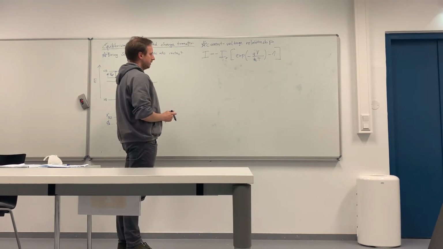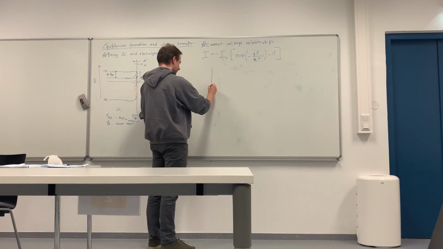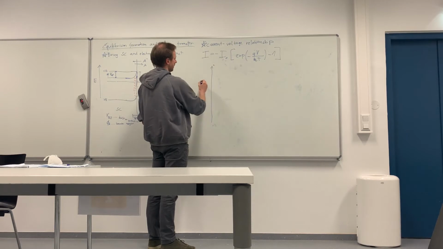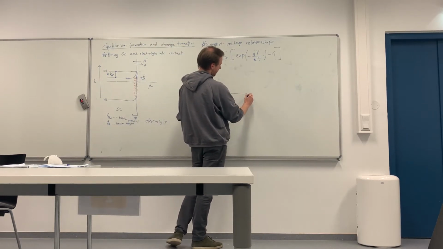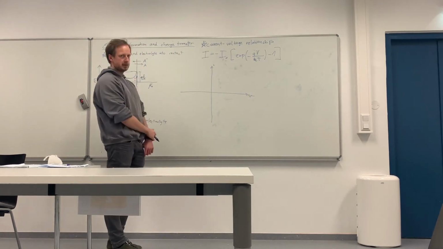So a good idea now is to plot this equation or this graph. So here let's draw an axis, a current axis, and a voltage axis. So now let's consider the cases.